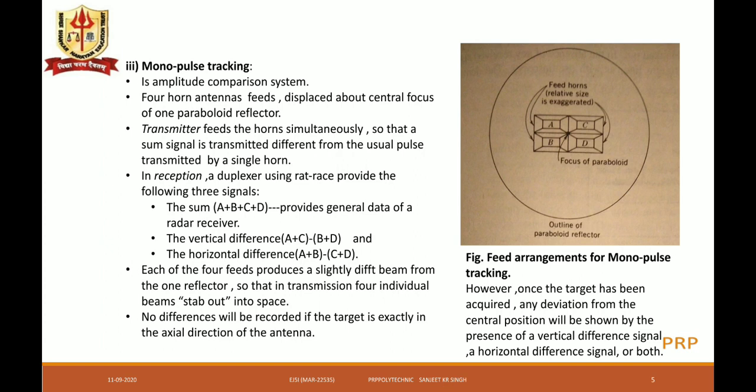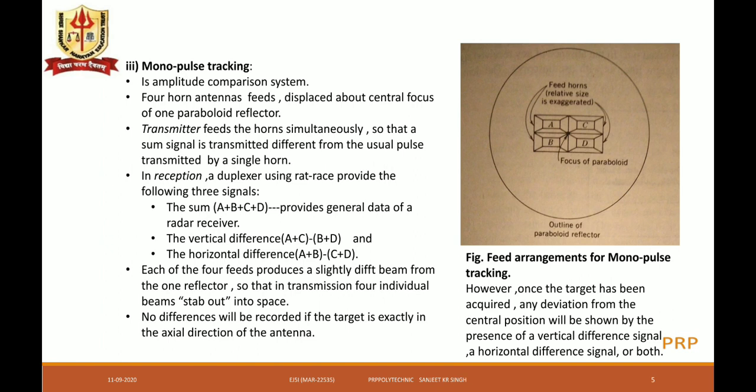The second is the vertical difference, that is (A plus C) minus (B plus D), and the horizontal difference is (A plus B) minus (C plus D). These difference signals will be used as error signals and will give more information about the target.